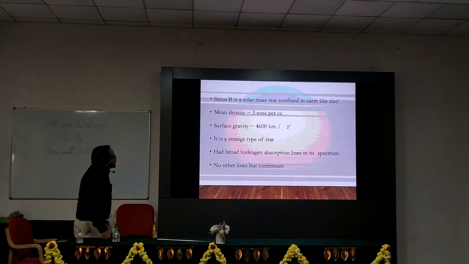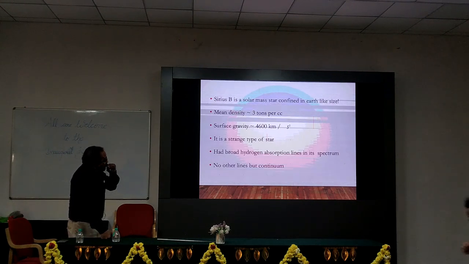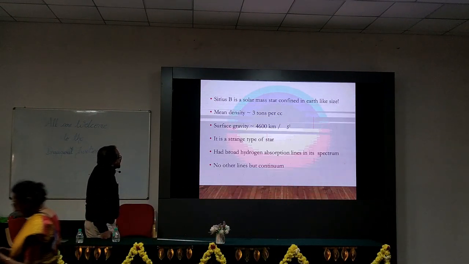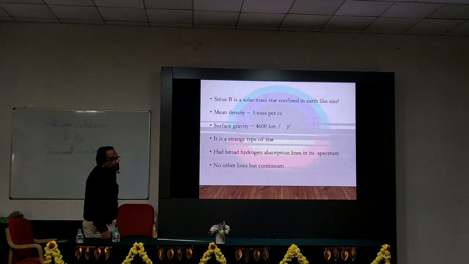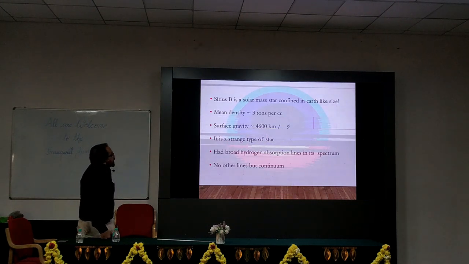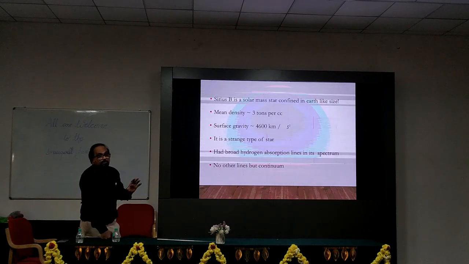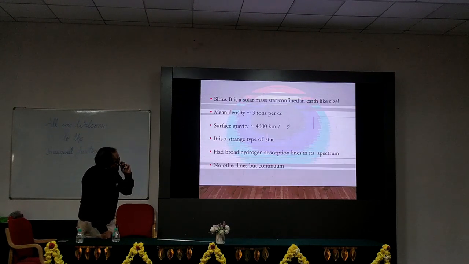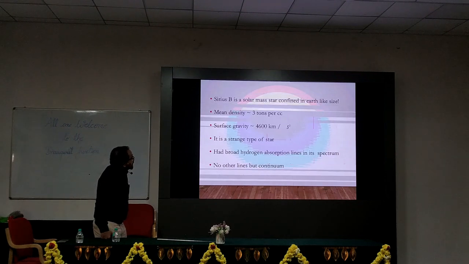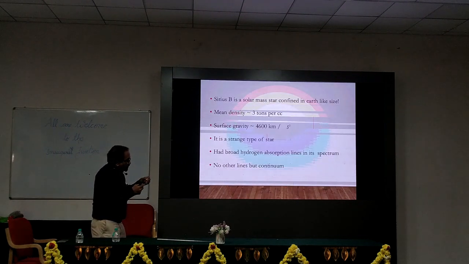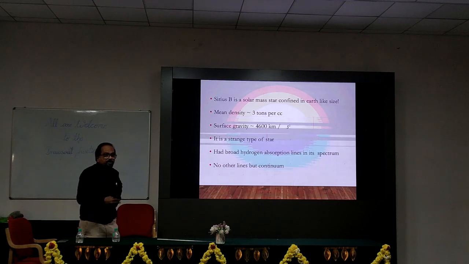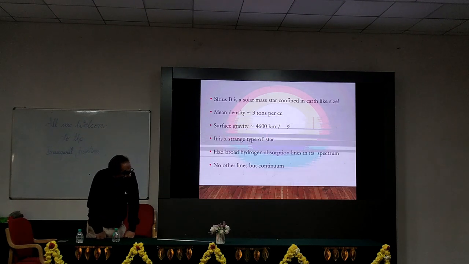And if you look at the spectrum of white dwarfs, it was found to have broad hydrogen absorption lines. So that is another thing. Why are only hydrogen lines there? No other elements were found in the spectrum, and the absorption lines were very broad also. So here the physics comes in. Why do you expect a broad line?